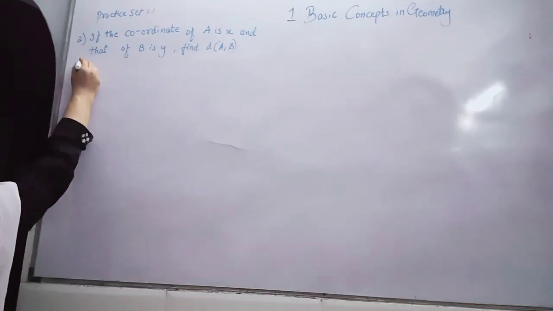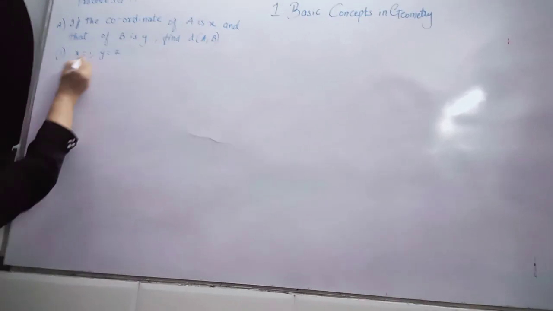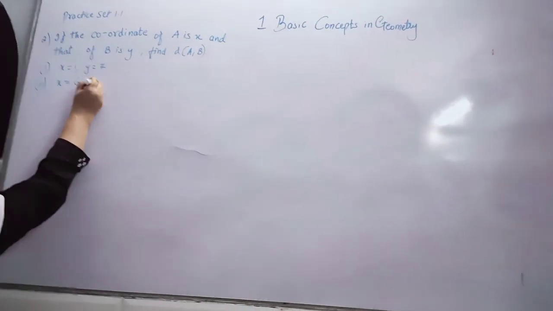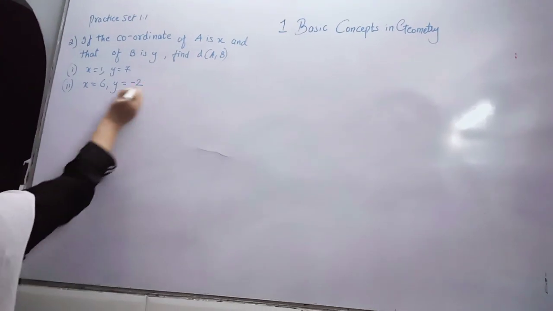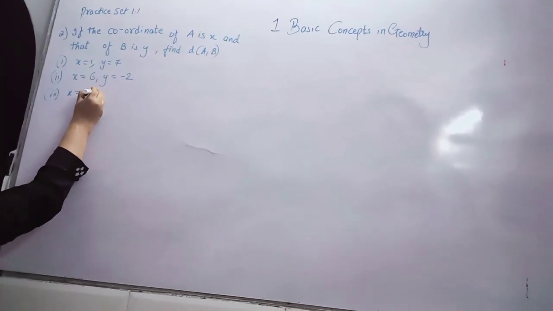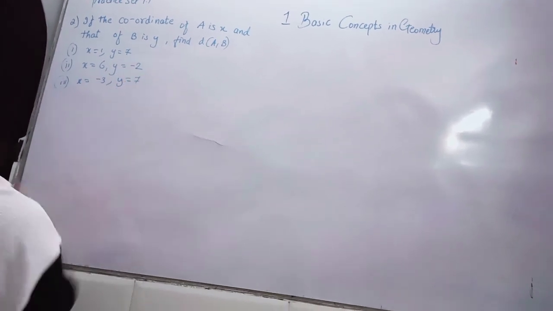The first question: x is equal to 1 and y is equal to 7. Second, x is equal to 6, y is equal to -2. Third, x is equal to -3 and y is equal to 7.